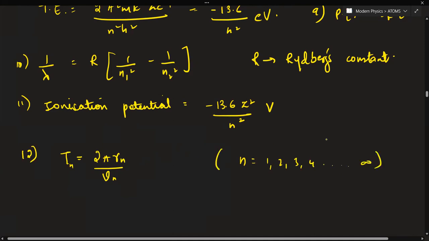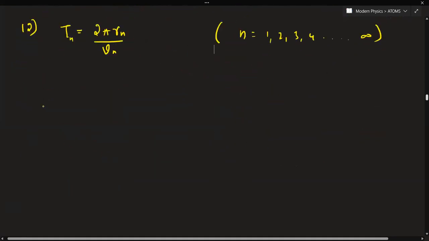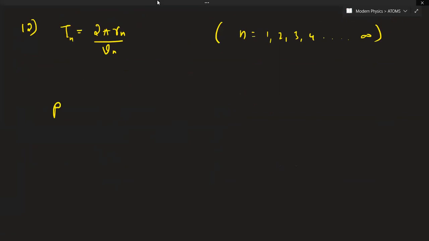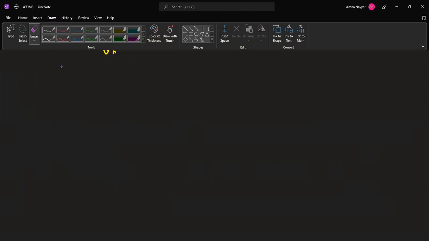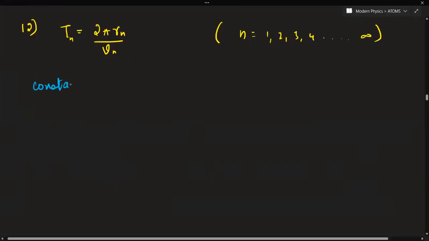All right, so just quickly note down these formulas. One more thing regarding the constants, you have to remember at least 3 constants that might not be available to you in the question. The first is Rydberg's constant, whose value is 1.097 into 10 to the power 7 per meter.